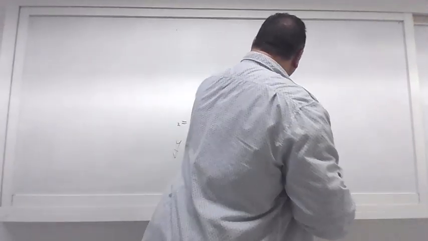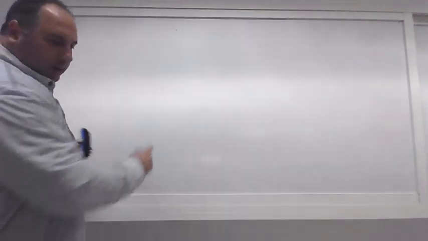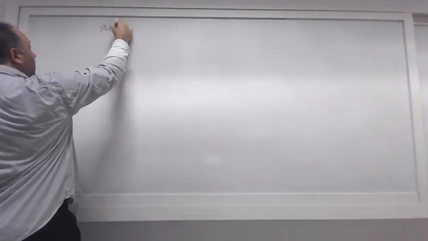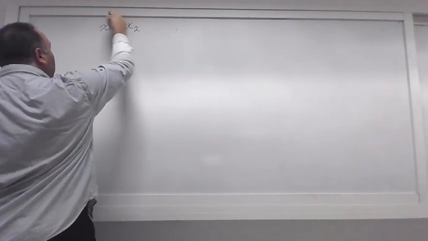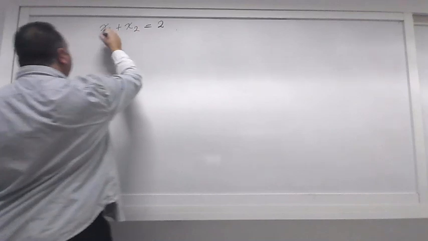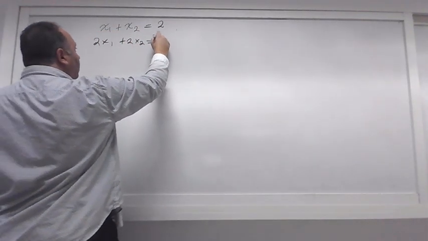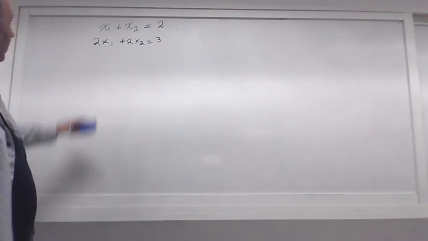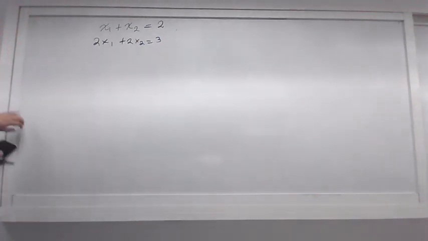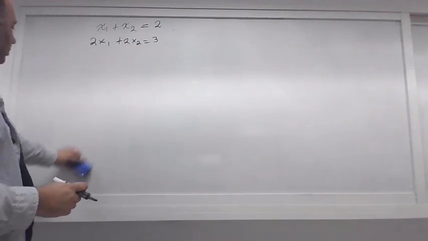So that's one of the three possibilities. So let's say I have x1 plus x2 equal to 2, and then I have 2x1 plus 2x2 equal to 3 for fun. So I need to solve this. For now we don't know how to solve, but let's say you would be fighting a little bit.